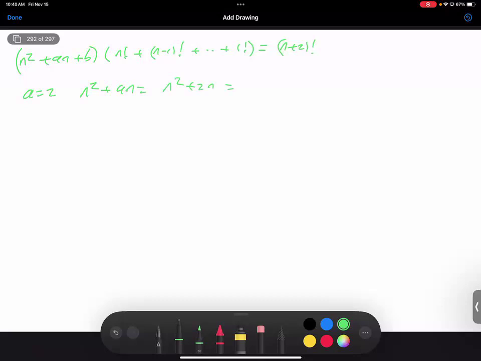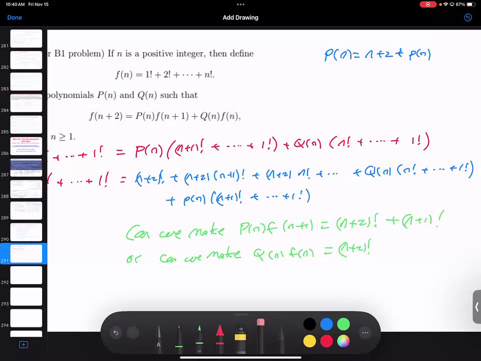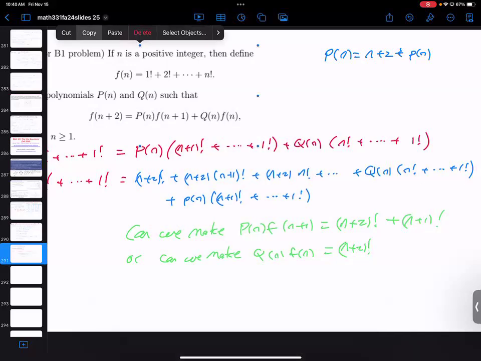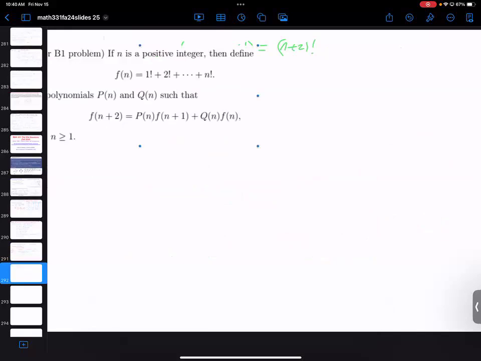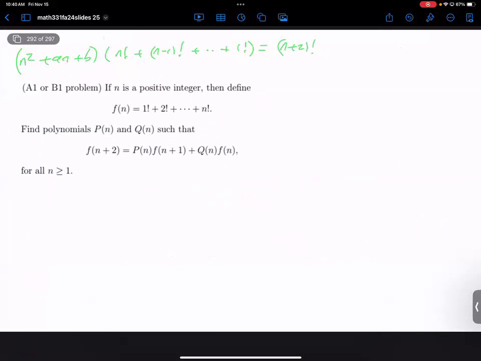I was thinking we can write a quadratic maybe as (n+2) times (n+1), so that when it hits the n factorial, it's right, and then everything else is going to hopefully cancel. But I think along those lines, it's no longer letting me paste. Whenever you have something like this, you want to have lots of cancellation.